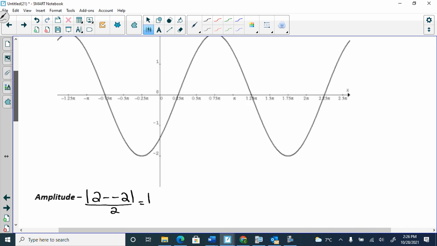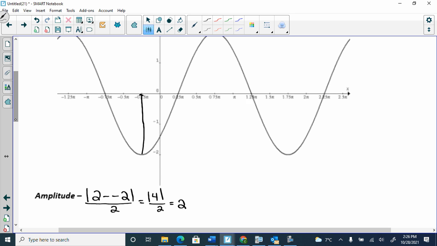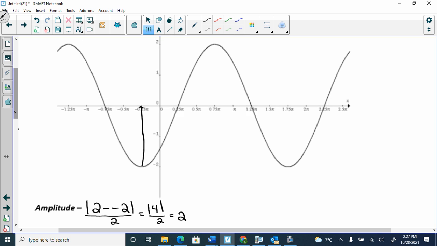So I'm going to get the absolute value of 4 divided by 2, which is 2. Does it make sense? Well, let's count it up. If I count up 2 and I count down 2 for my max, do they meet at the same spot? Yep, we're good. Okay, flip over.